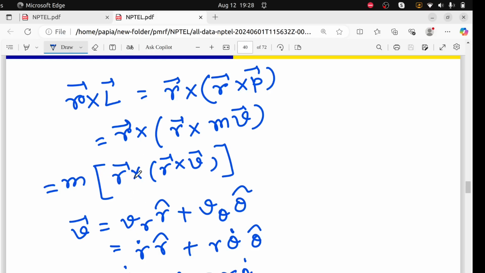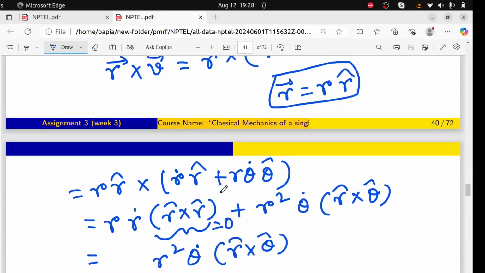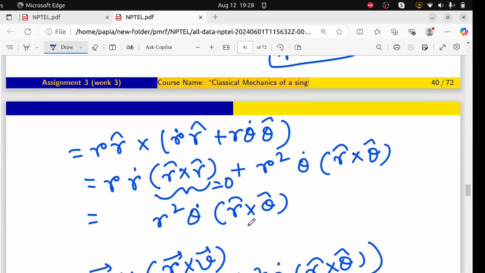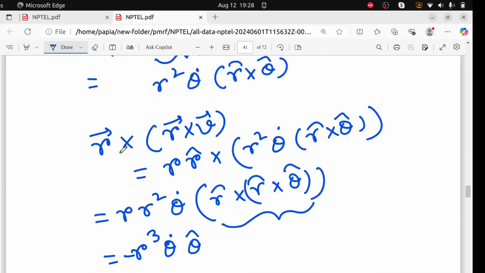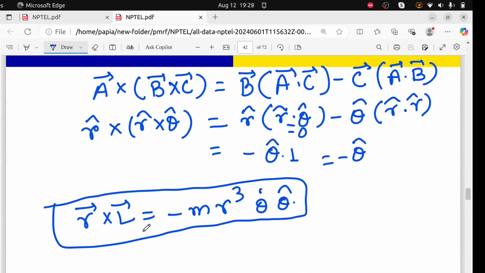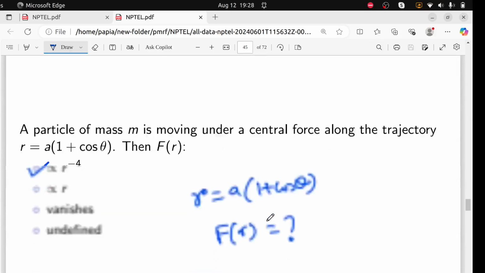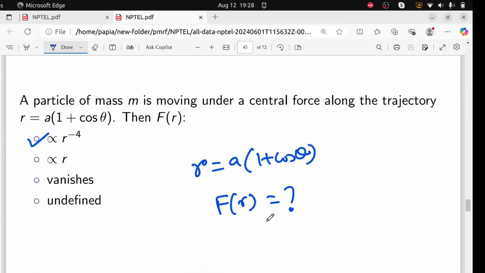Then I did r cross that result. So r cross v is coming as r square theta dot, k cap, and r cross that is minus r cube theta dot theta cap. So the answer is minus m r cube theta dot theta cap. Okay, now this is the answer.